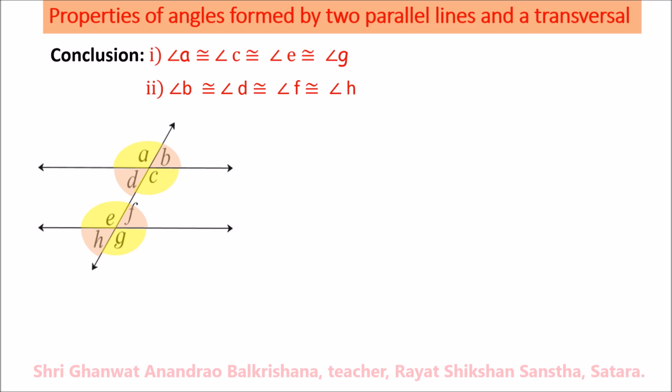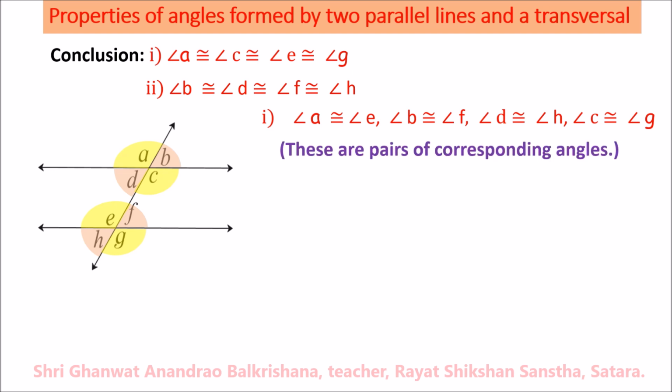Angle C and angle G are a pair of corresponding angles. Since we are observing here that these pairs are congruent, we can say that when two parallel lines are intersected by a transversal, each pair of corresponding angles are congruent.